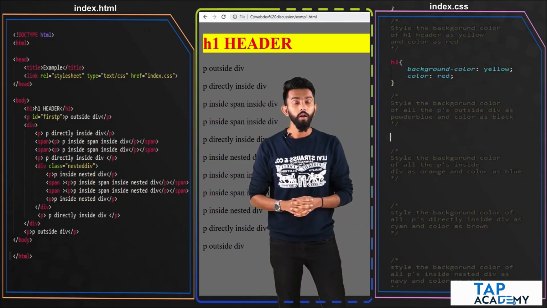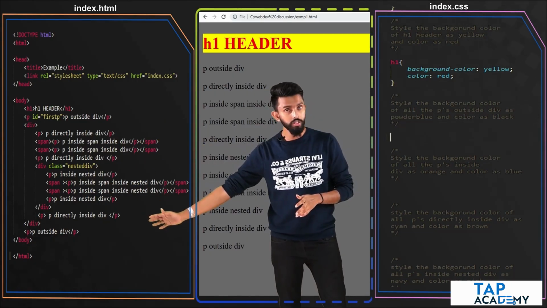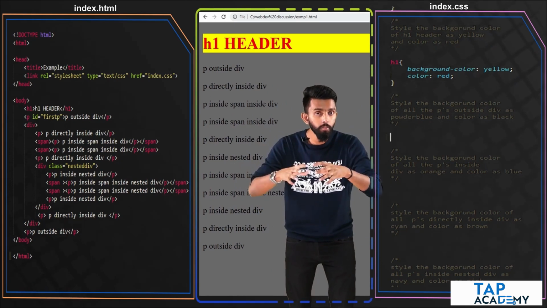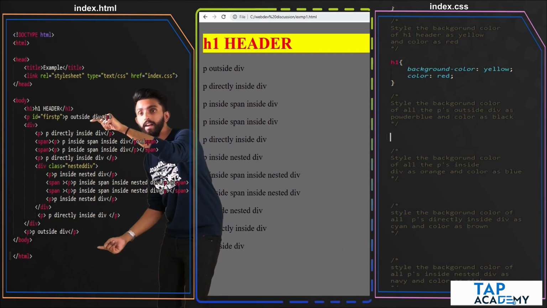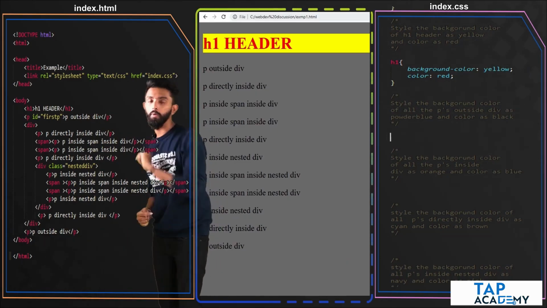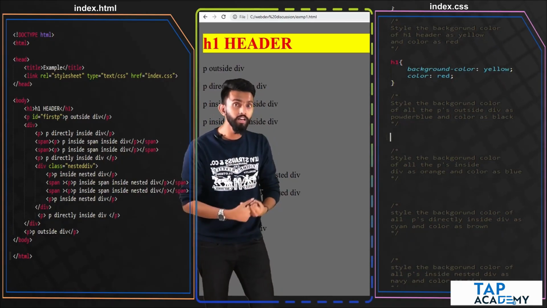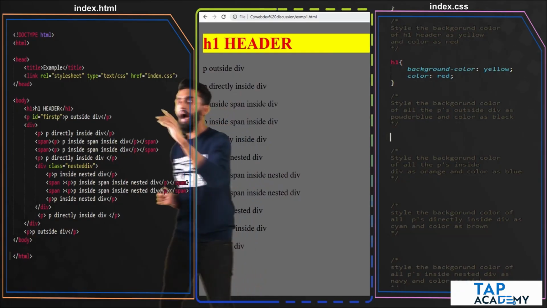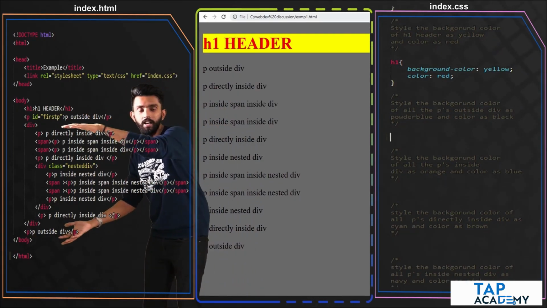Would you agree? But do I want all the descendants to be styled, or do I only want things which is directly inside the body to be styled? Because as you can see, these P's are directly inside the body. If I just write a CSS selector which will select all the descendants of my body, that would be a mistake. So I should tell, hey, listen, I want these P's which are direct childs, directly inside the body.